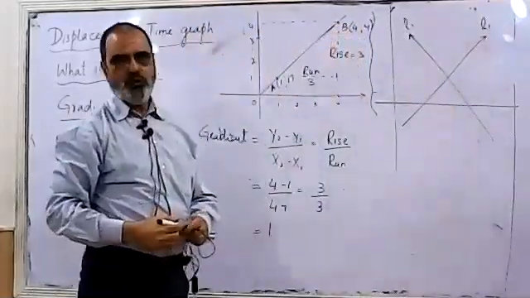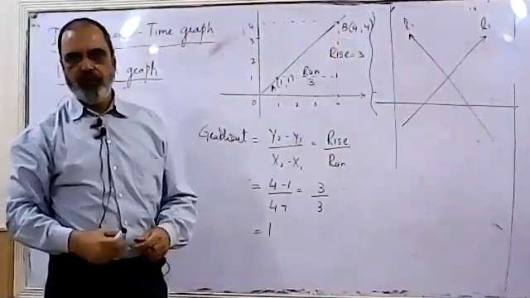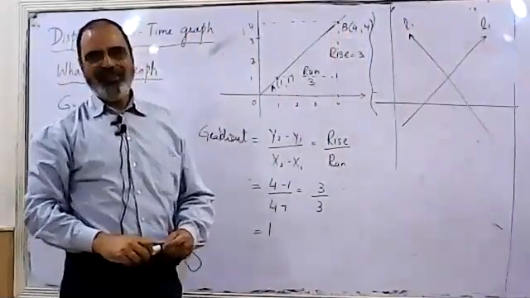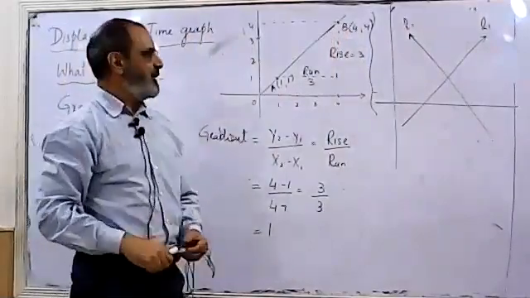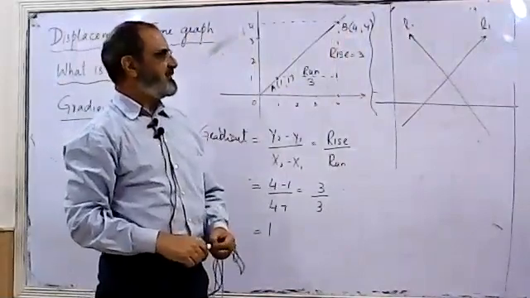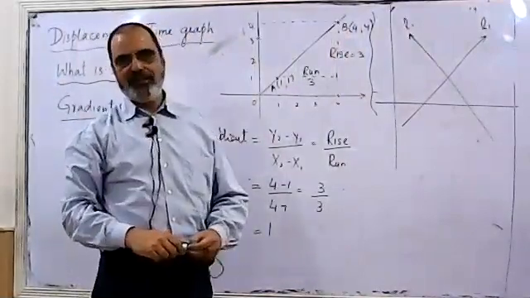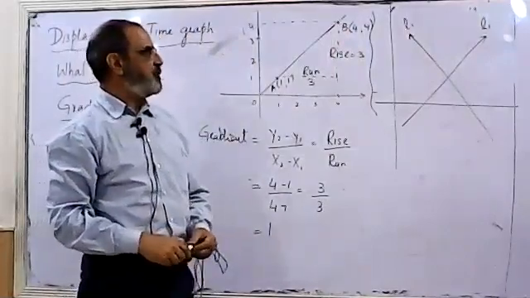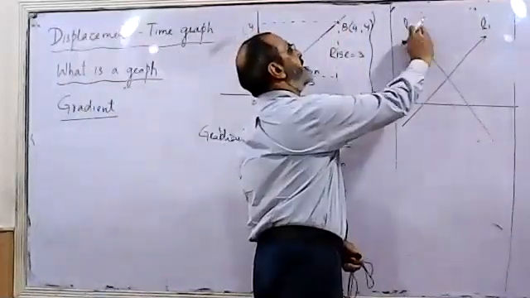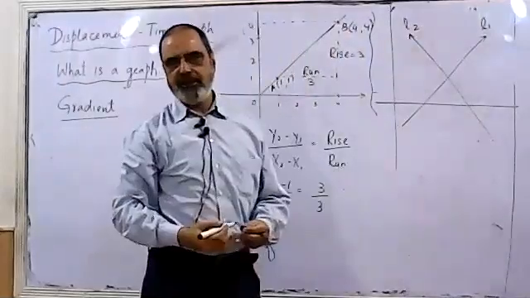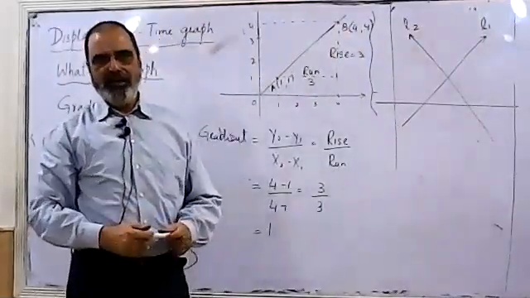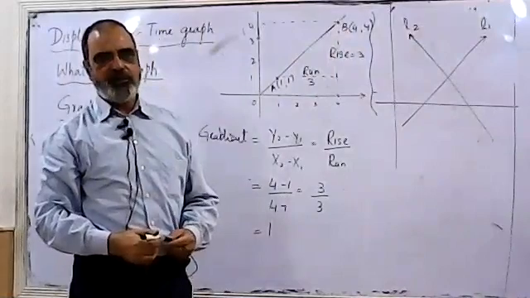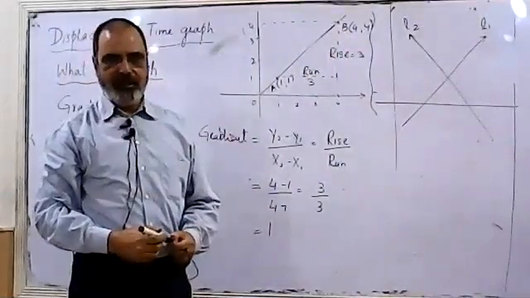Now I have drawn two lines, L1 and L2. The main difference here, I'm not using any values. I'm just considering two lines, L1 and L2. One is inclined towards the right, another is inclined towards the left. The difference between their gradients is that L1 has a positive gradient and L2 has a negative gradient.